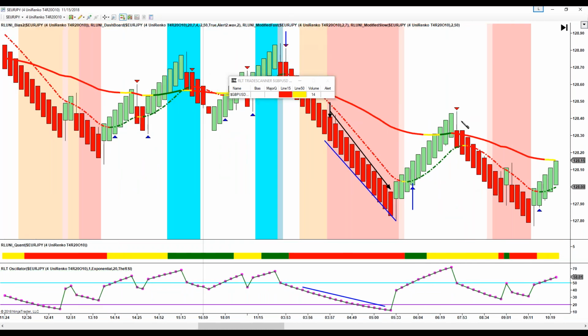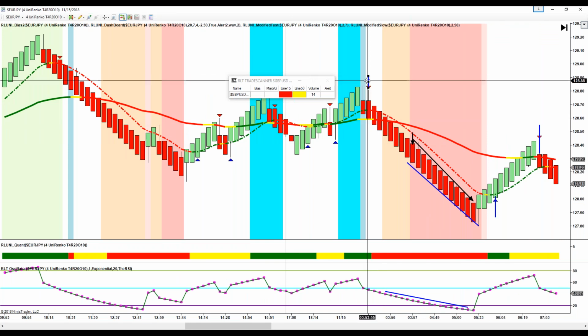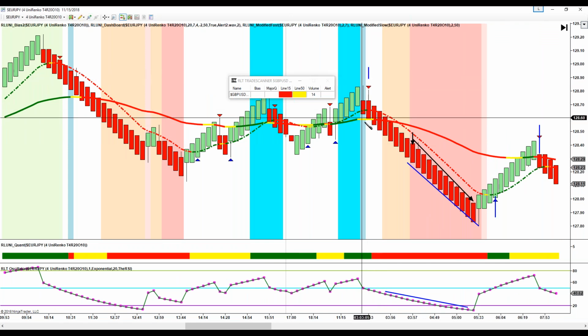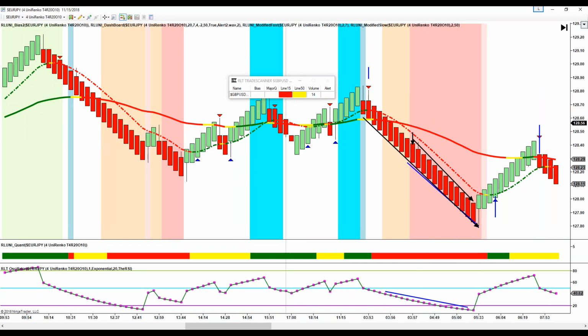Then you're going to get it down. So that's the first thing I would look at. If the oscillator has already fired short, you're not going to get this move. It's already a protracted move to the downside that we didn't have the rules to get into. If there's been no oscillator signal down, you would wait.